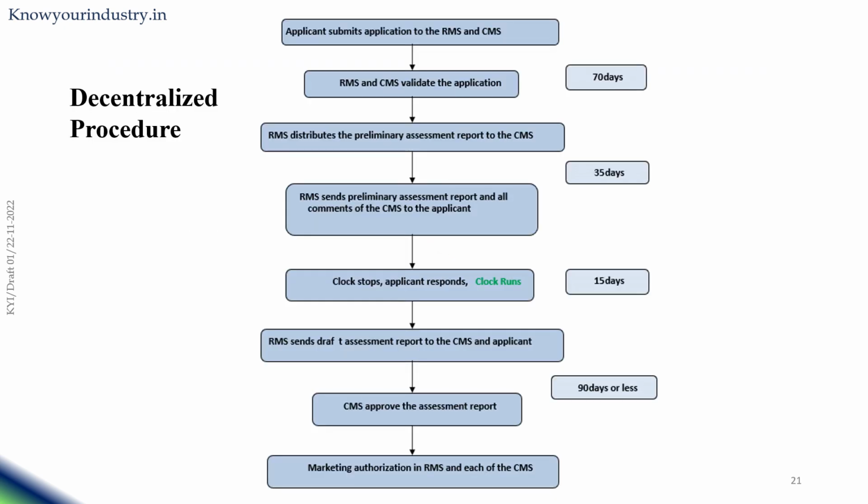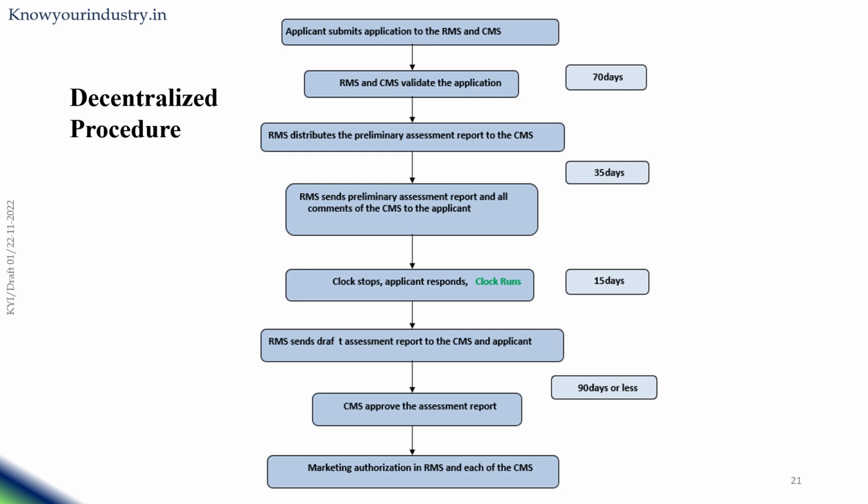Coming to the flowchart of the decentralized procedure, let's have a look. The applicant submits the application to the reference member state and the concerned member states. Then both of them validate the application on the 70th day. Then the reference member state distributes the preliminary assessment report to the concerned member states.